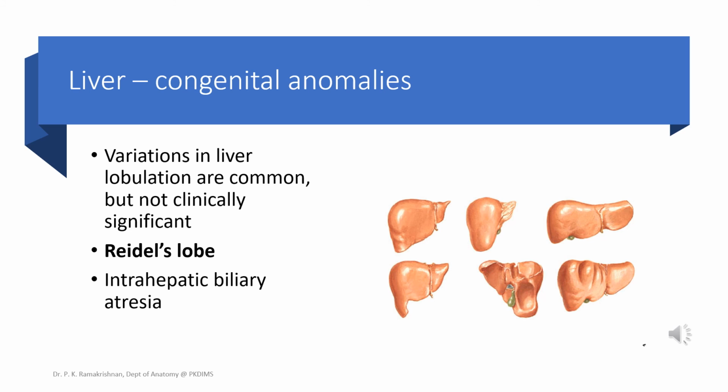It develops as an extension of the normal hepatic tissue from the inferior margin of the right lobe of the liver. Another rare but very serious congenital anomaly is the intrahepatic biliary atresia.